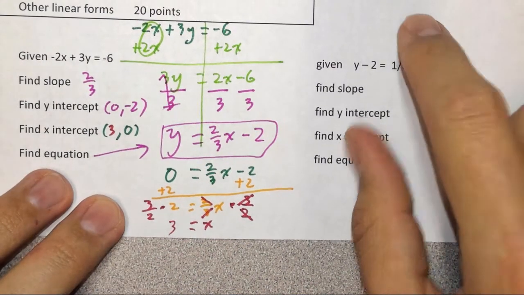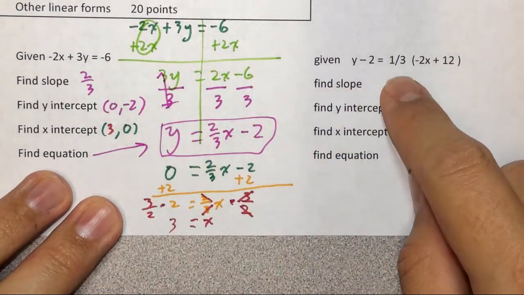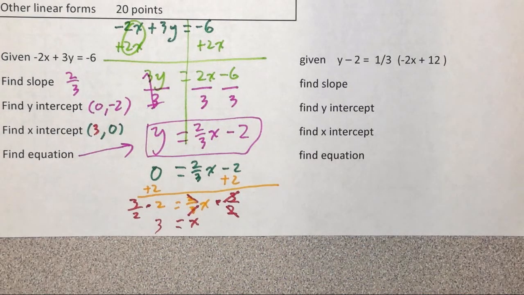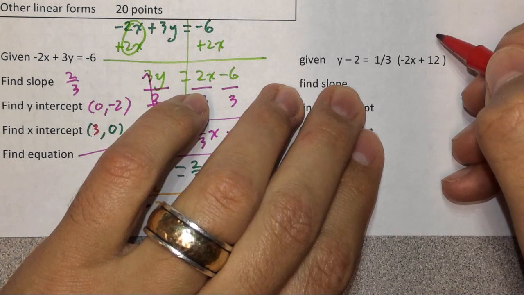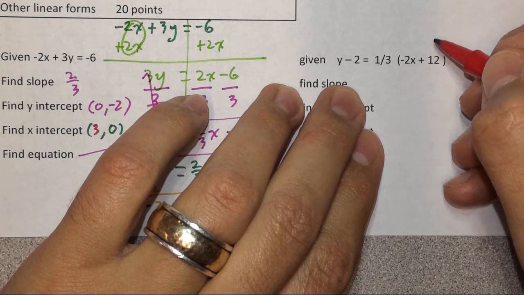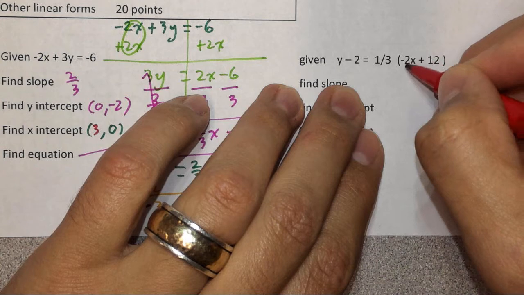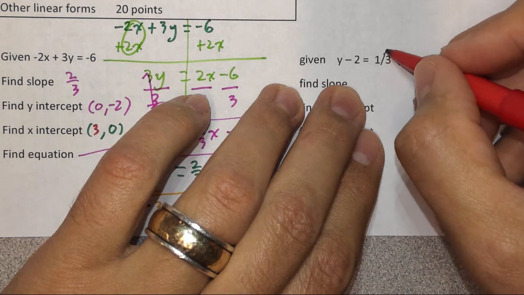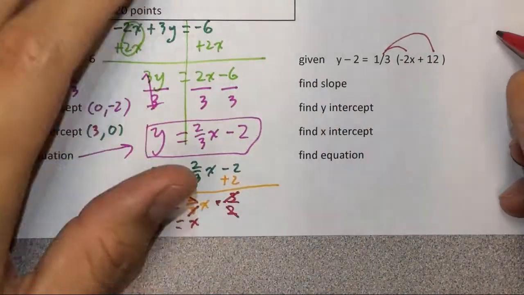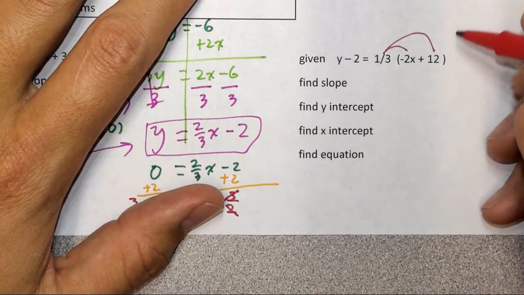Next one over here, while this one was in standard form, it's in point slope form. Actually, it's not really in point slope form. This should be different. Okay, so we're going to first distribute this. I wonder if this was a mistake.